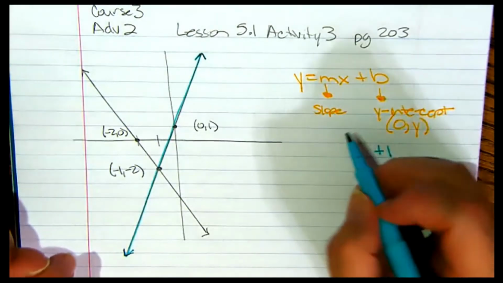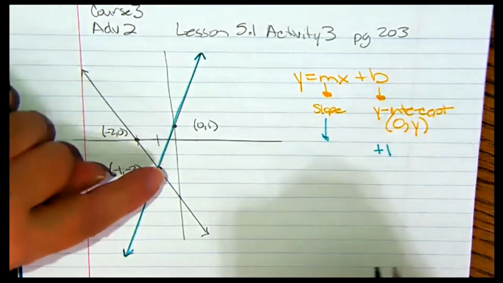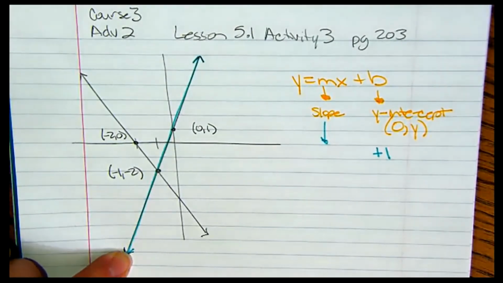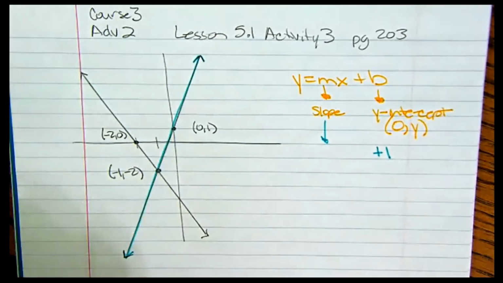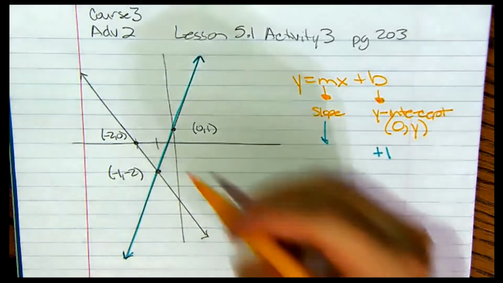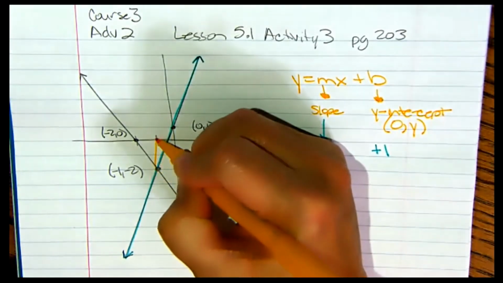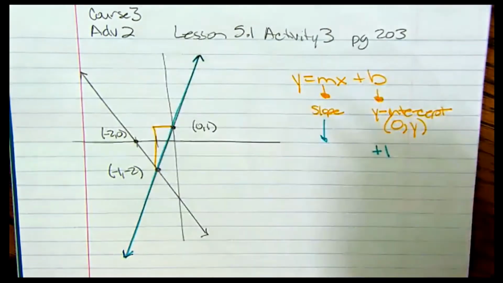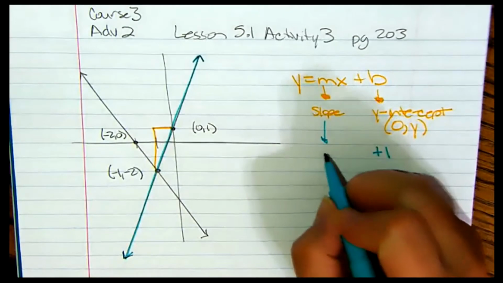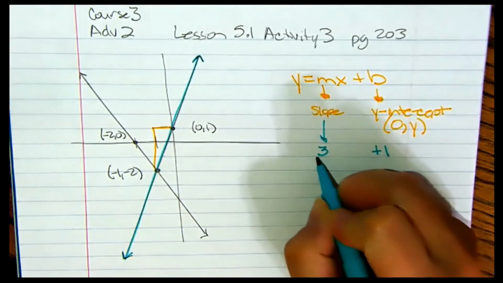Now my slope, it's positive because it's going up. And let's count the slope. I'm going to go up 3 and over 1. So my slope is positive. My rise is 3.